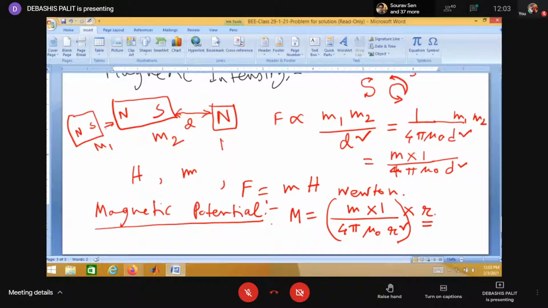A magnetic field is there where the pole strength is M. The force acting on the unit north pole is M into 1 by 4 pi mu 0 r square, where r is the distance between the unit north pole and the magnet creating the pole strength M. Multiplying the force by the distance r, it equals M by 4 pi mu 0 r. That is your magnetic potential.